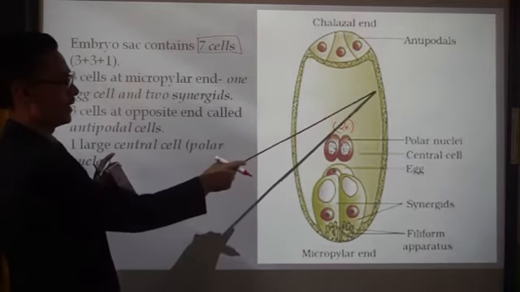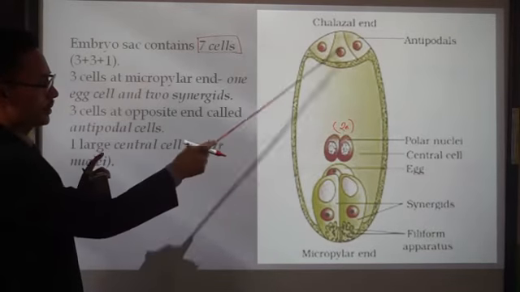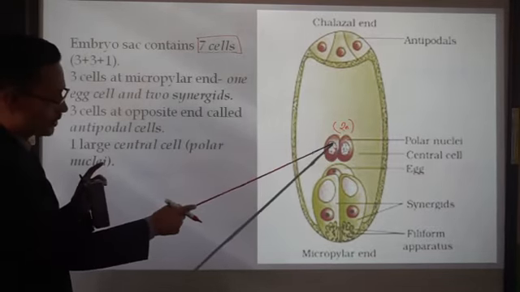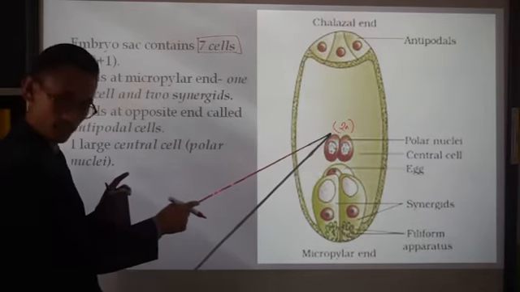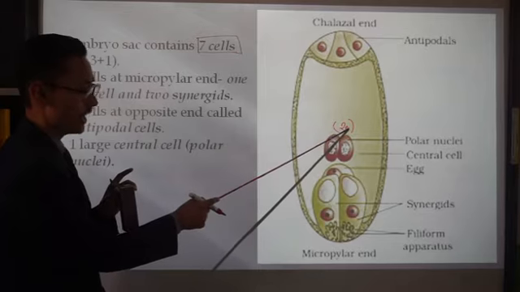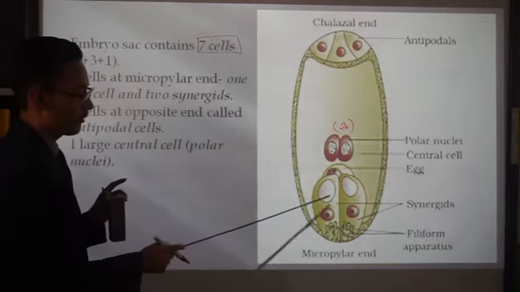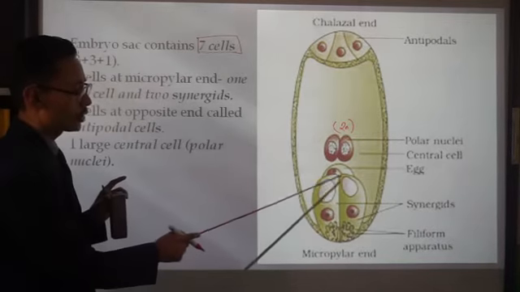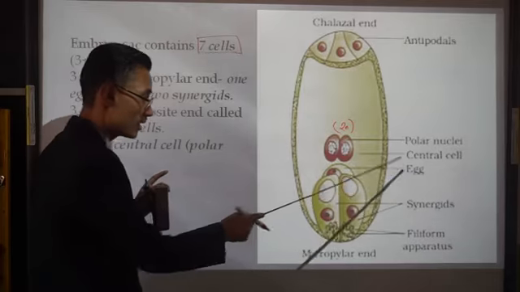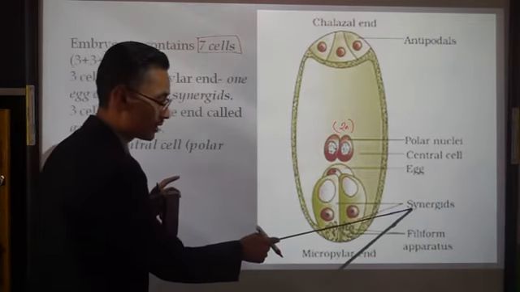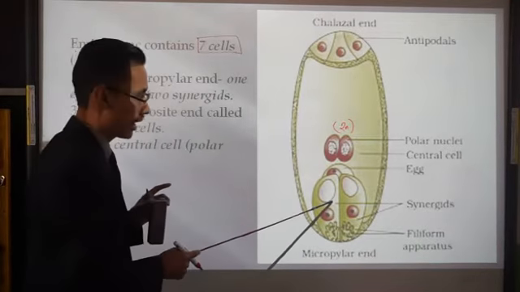We have learned that inside the embryo sac there will be 7 cells, 3 plus 3 plus 1. Though in the center there are 2 nuclei, we consider it a single cell, so it will be diploid, 2N. In the micropylar end, 1 cell acts as the egg, the female gamete, and the 2 synergids help in guiding the pollen grain towards the embryo sac.